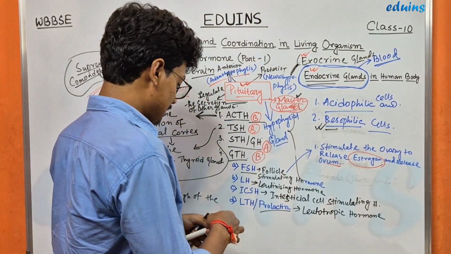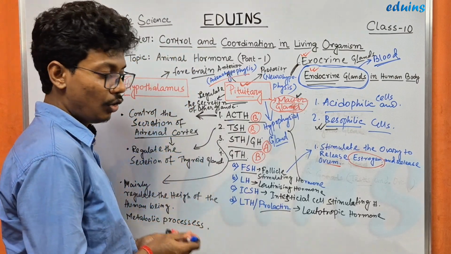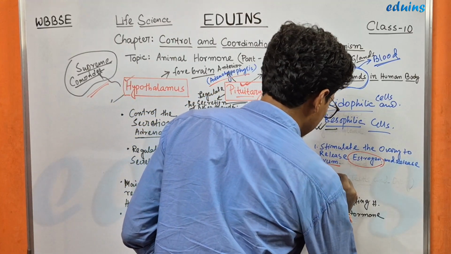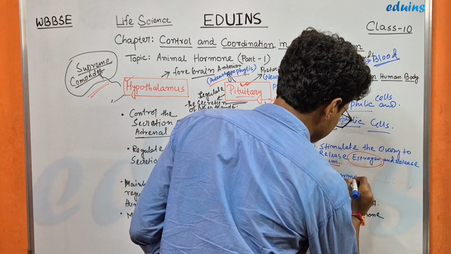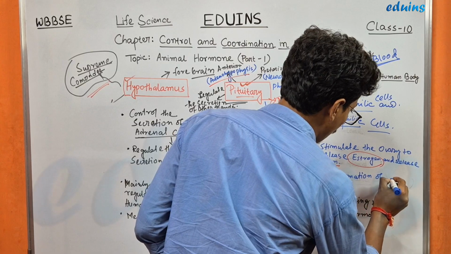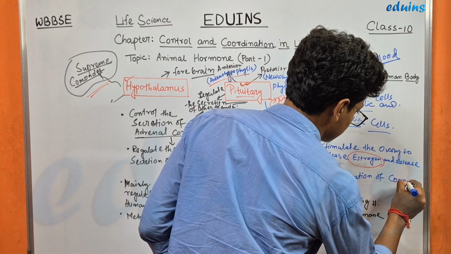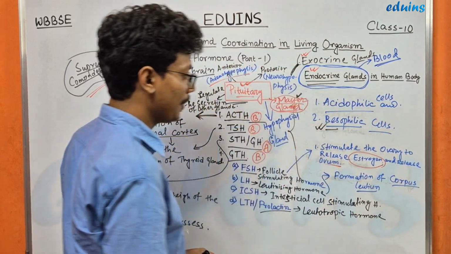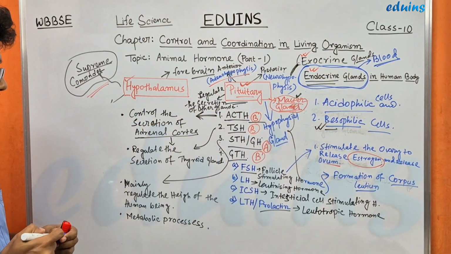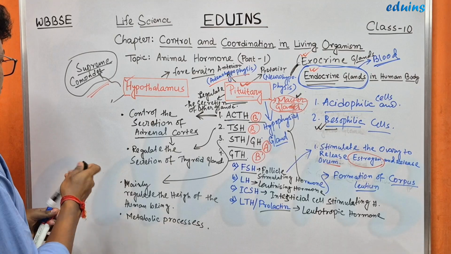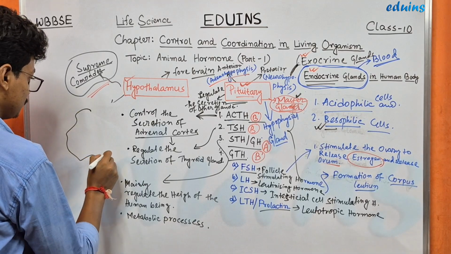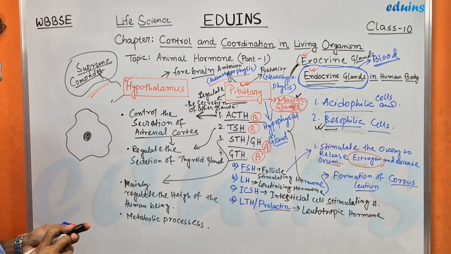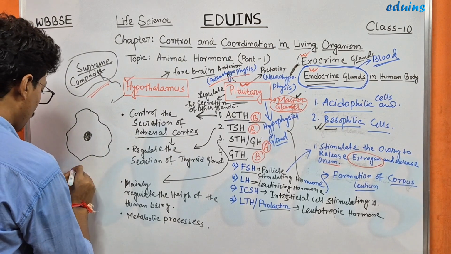The second one is the LH or luteinizing hormone, which is mainly responsible for the formation of corpus luteum. What is corpus luteum? When the ovum is released, the unmatured ovum is in an irregular structure which is called Graafian follicle.